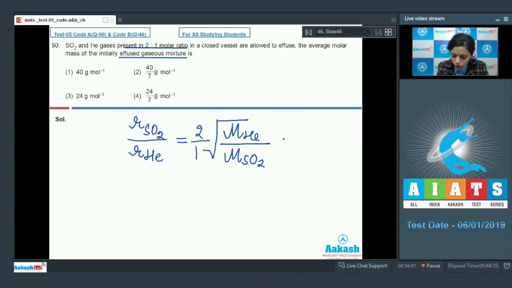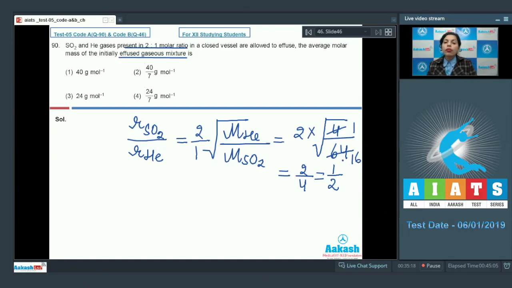So this rate of effusion of sulfur dioxide to the rate of effusion of helium is equal to 2 into root of molar mass of helium, 4, divided by molar mass of SO2, this would be 32 plus 32, 64. Or simply it would be 1 upon 16. So this would be equal to 2 by 4, that is 1 by 2. So the rate of effusion will be 1:2.